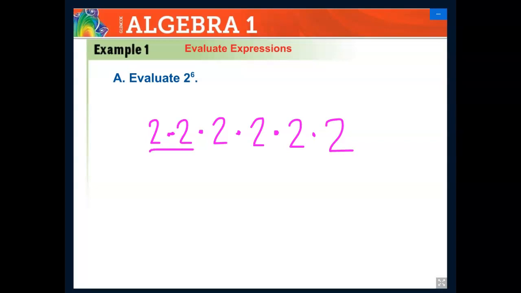What's 2 times 2? 4, right? What's 4 times 2? 8. What's 8 times 2? 8 plus 8? 8 times 2?